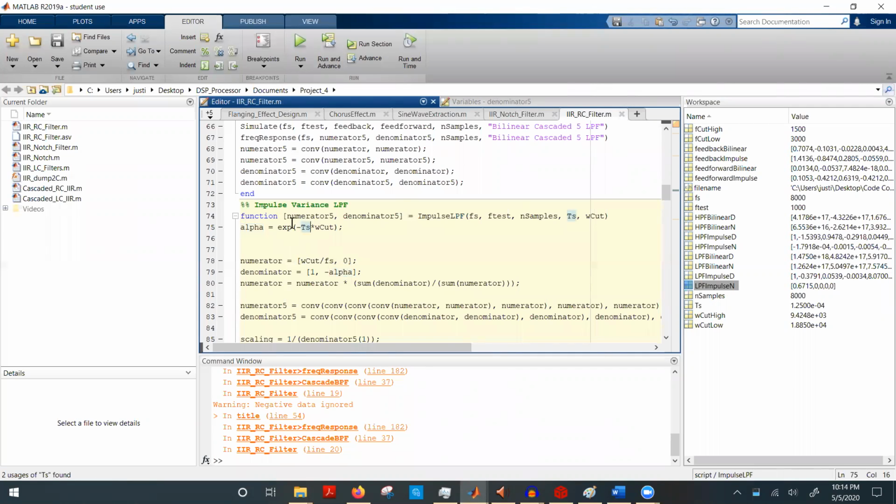This is that alpha here. This is just the coefficients of the numerator. So this is the scaling factor, and this is the denominator.